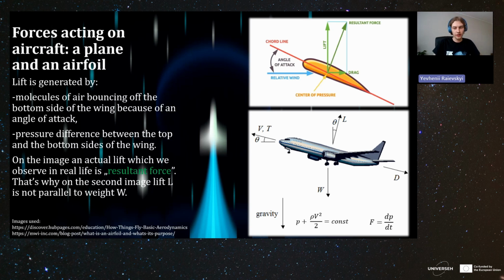I mean, they don't have 180 degrees between them, but there's always some angle theta. This is because of this drag. We have to account for the drag to tell something about the real lift in the system.